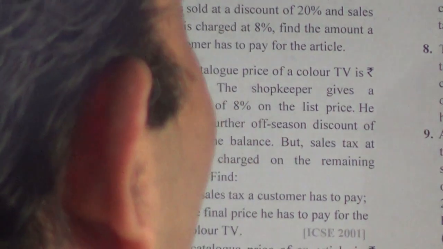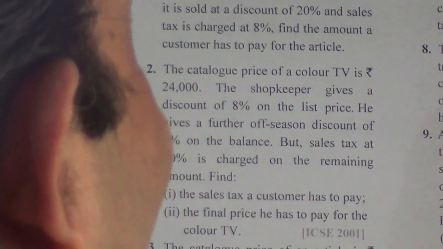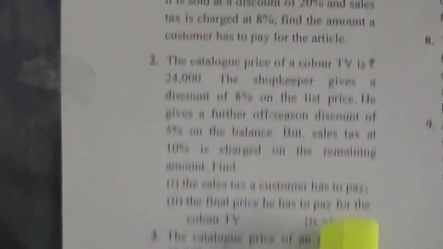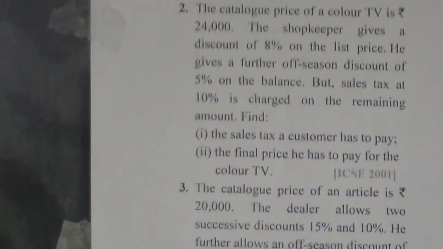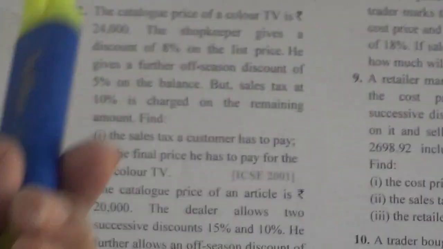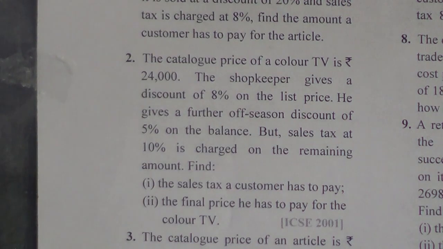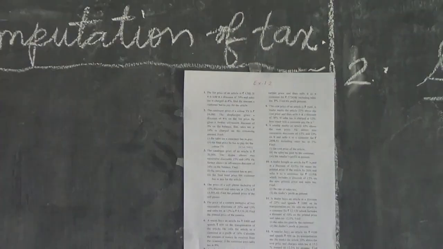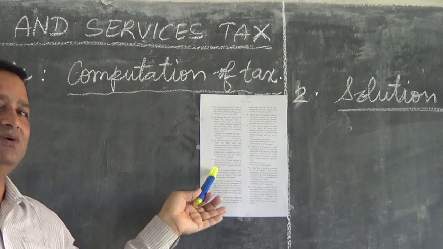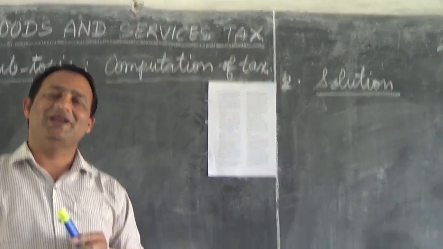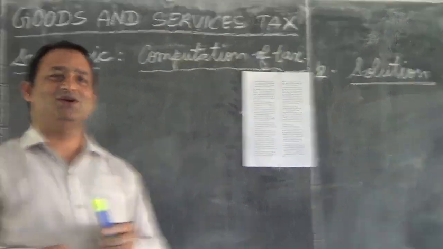Question number 2. This question had come in the examination in the year 2001. Some children will be wondering, this chapter is goods and services tax, but why are we learning sales tax now? See children, our past topic was computation of tax.